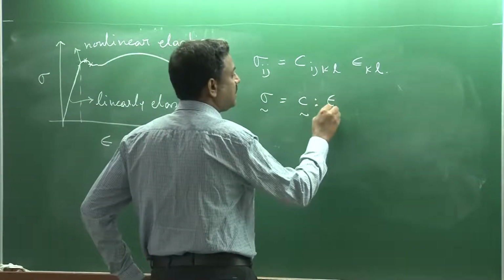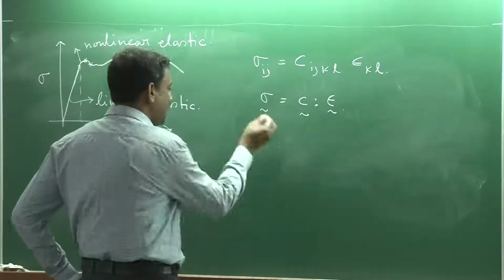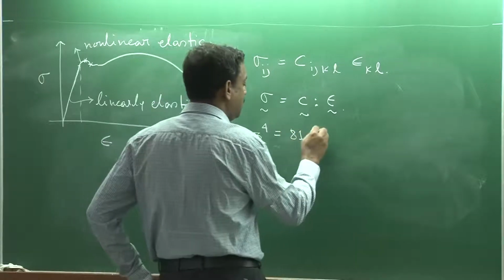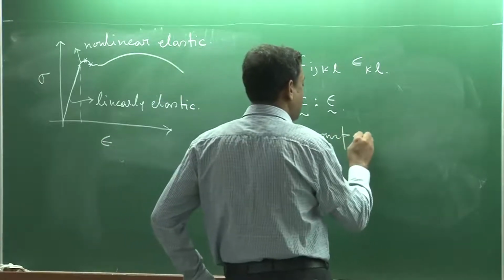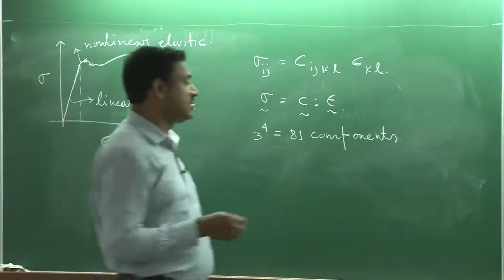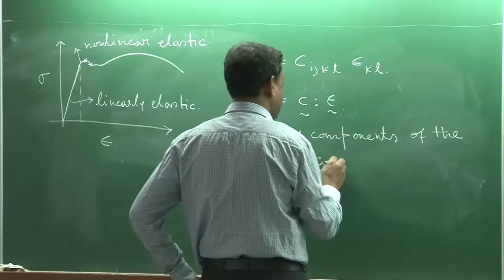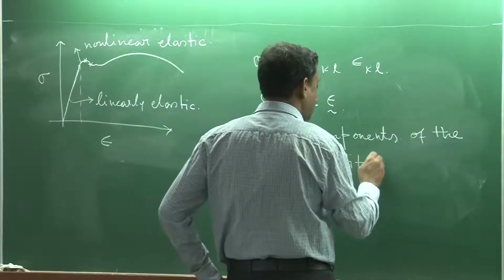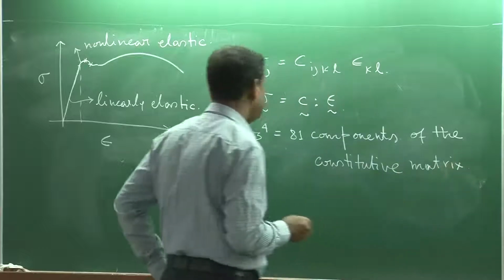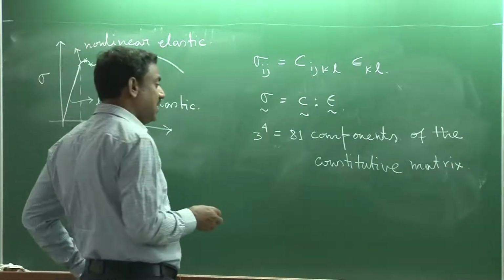So we will have 3 to the power 4, so 81 components of the constitutive matrix, the stress-strain matrix. Now, what is important to note here is: can we reduce it?